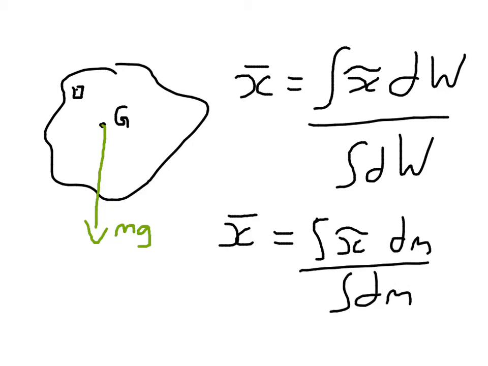And we can do the same thing replacing with dv and find a geometric centre. So to find a centre of gravity, we use our top equation. To find a centre of mass, we use our bottom equation. This is just the x-coordinate example I'm showing you. And for a centroid position, a geometric centre of a shape, we would replace that with a dv of volume or dA in area, depending on if it's 2D or 3D.